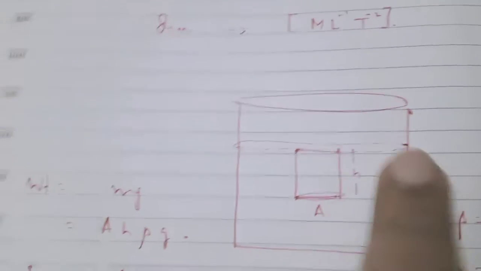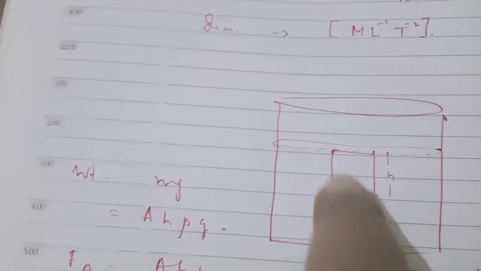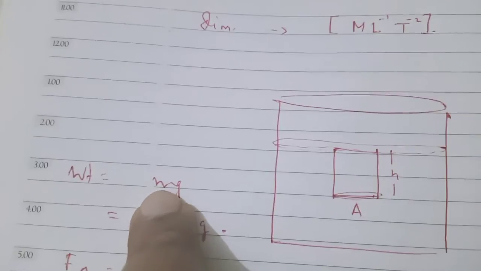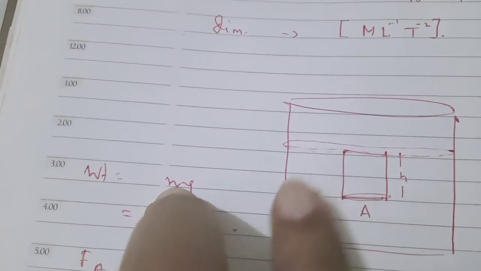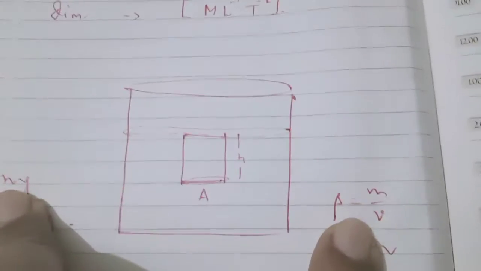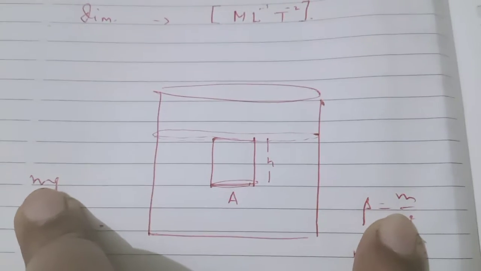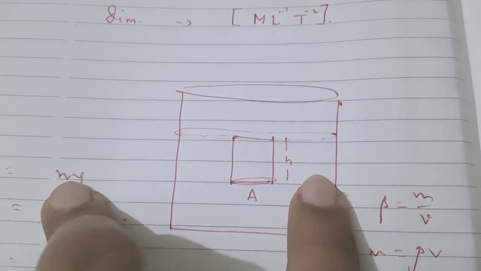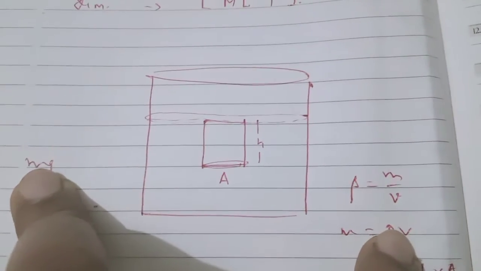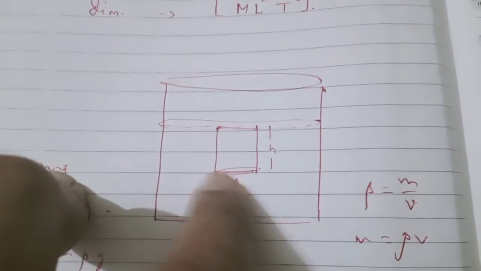Now what is the weight of the liquid column here? Weight is equal to mg. You have to find out a relation between density and weight. Now density is equal to mass per unit volume. So mass is equal to volume into density. Now volume means cross sectional area into length.